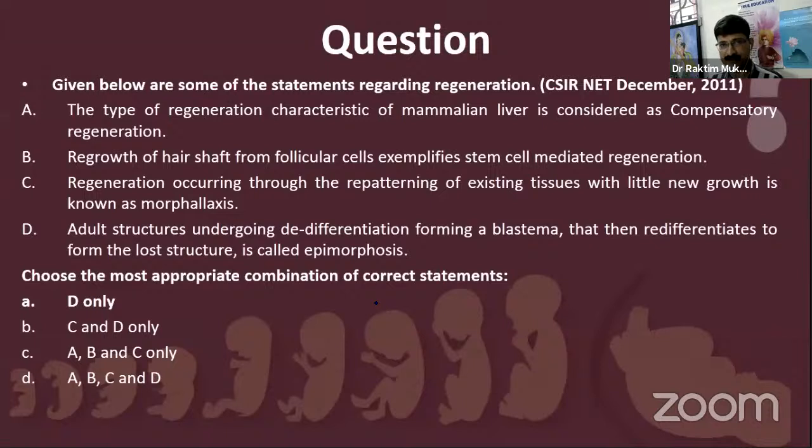Fact 2: regrowth of hair shaft from follicular cells exemplifies stem cell mediated regeneration. Fact 3: regeneration occurring through the repatterning of existing tissues with little new growth is known as morphallaxis. Fact 4: adult structures undergoing dedifferentiation forming blastema and then redifferentiating to form lost structure is called epimorphosis. My question is, choose the most appropriate combination of correct statements.